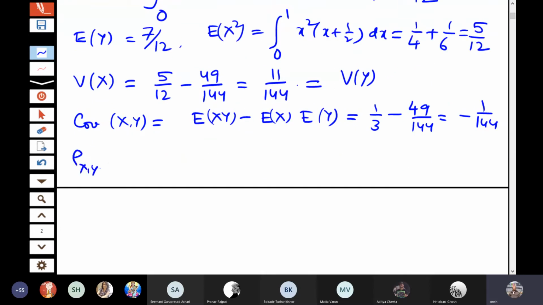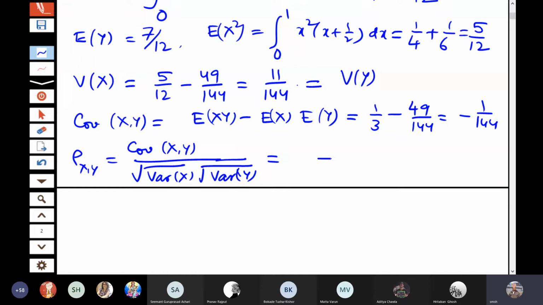So rho xy, that is covariance between x and y divided by square root of variance of x into square root of variance of y. So that is equal to minus 1 by 11. So this is the coefficient of correlation between x and y here.